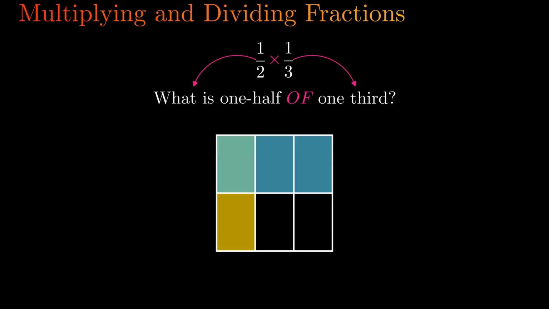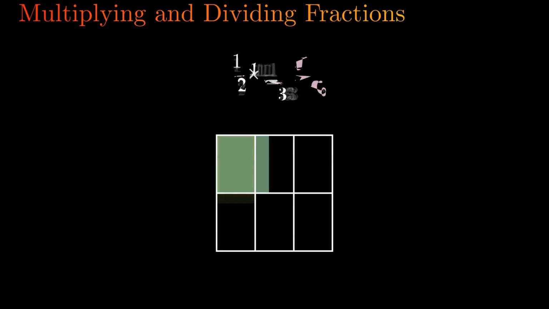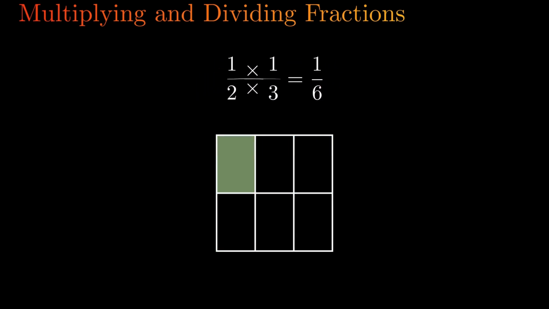The answer is the overlap, the place where the blue and yellow create green. The grid shows 6 total pieces, and one of them is green. So the answer is 1/6. This lets you see the shortcut clearly. Multiply the tops and multiply the bottoms. 1 times 1 is 1, and 2 times 3 is 6.